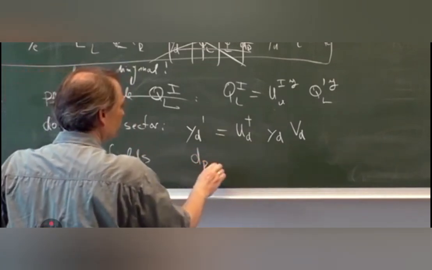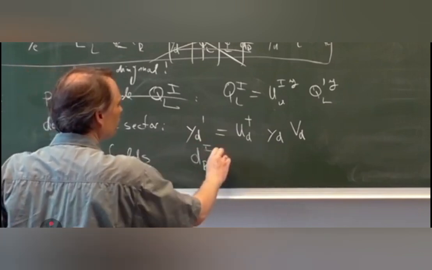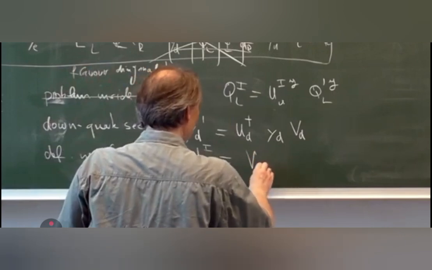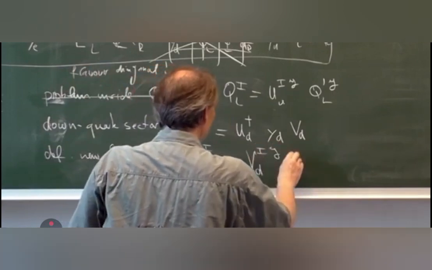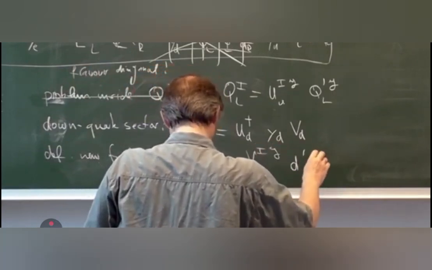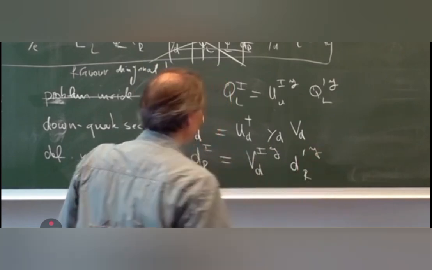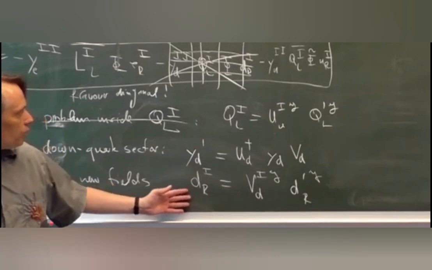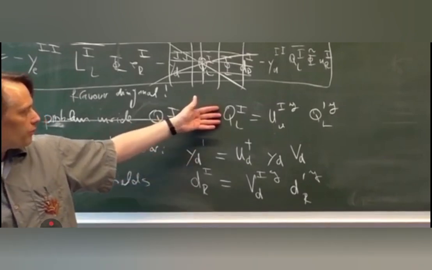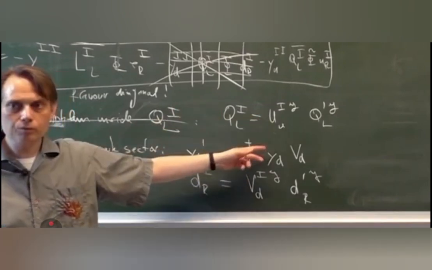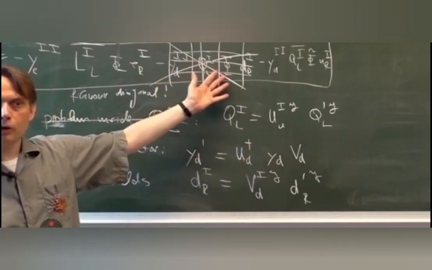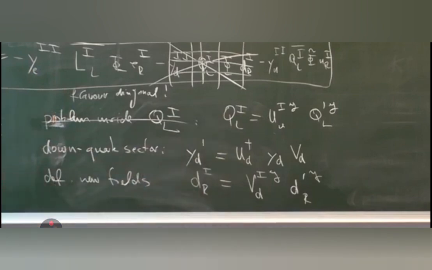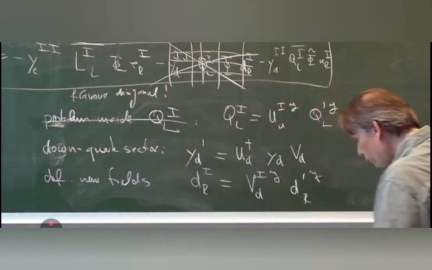Namely, for the right-handed down quarks, we can still define new fields, d_R, in the analogous way as before, namely V_d ij times d prime j R. Okay, so this is analogous. And if we could also define the quark doublet Q_L with the matrix U_d, then the Yukawa term would become diagonal. But we have already defined the quark doublet by using the up quark, and therefore we have no freedom anymore.